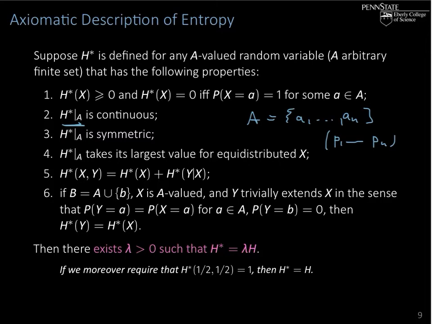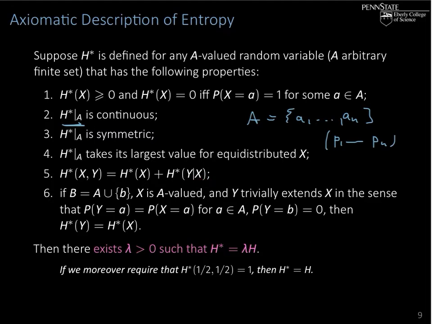So it's a good exercise to go back, look at those definitions for joint entropy and conditional entropy, and see that if we have a function defined on any random variable, we can use this to also define these functions, as we did before.